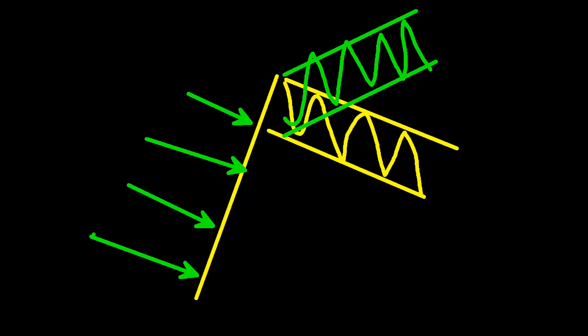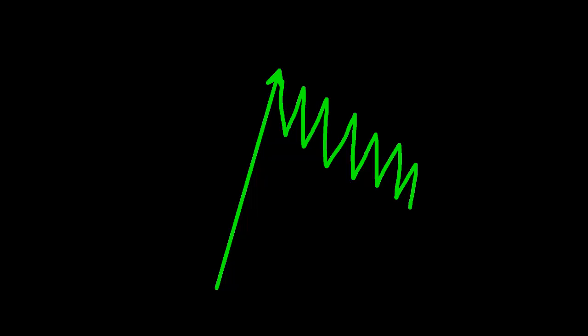The one thing you want to remember is they both result in deeper corrections. Write that down. We spike up, we flag down. There's your deeper correction. They've got to reload the gun before they push it back up. Then expect a measured move. So the measured move's coming afterwards.